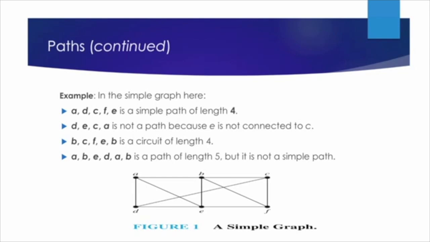Note that B, C, F, E, B is a circuit of length 4 because the edges {B, C}, {C, F}, {F, E} and {E, B} are edges, and this path begins and ends at B. The path A, B, E, D, A, B, which is of length 5, is not simple because it contains the edge {A, B} twice.